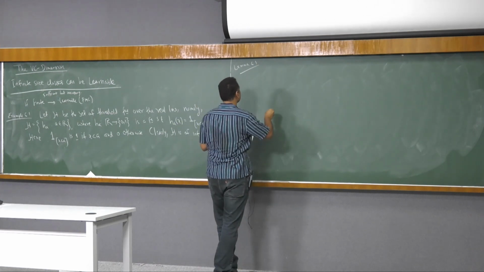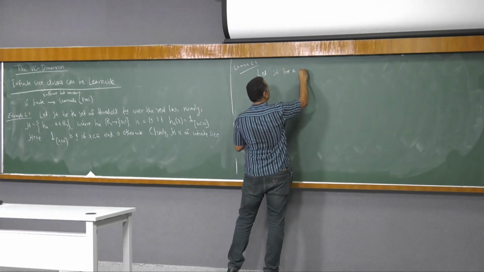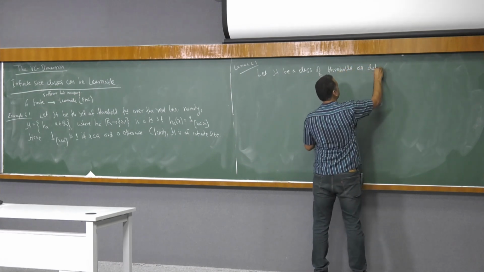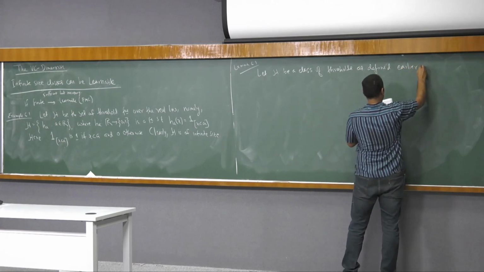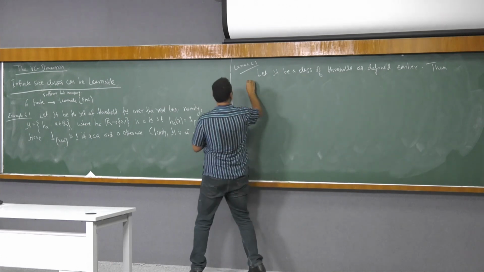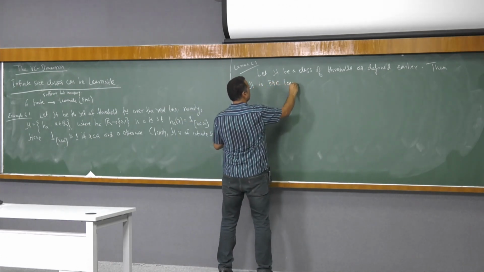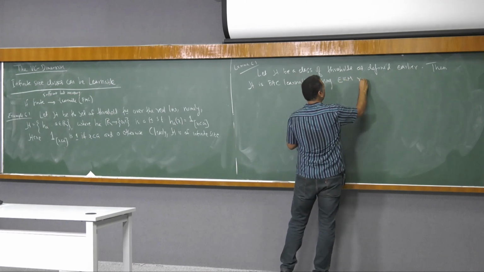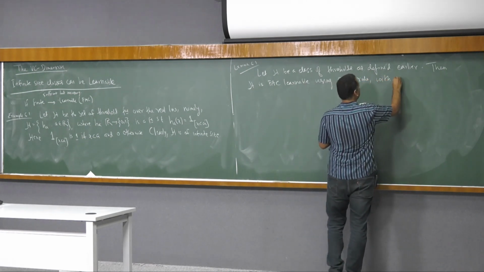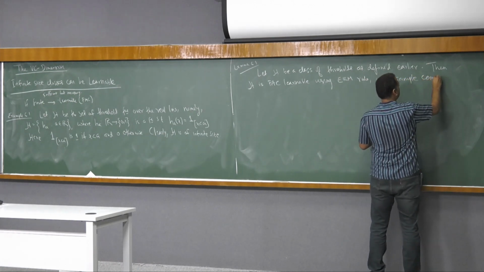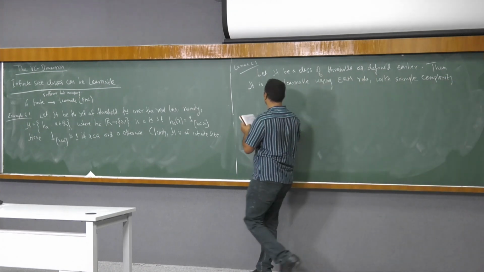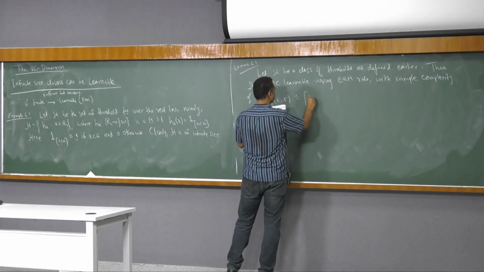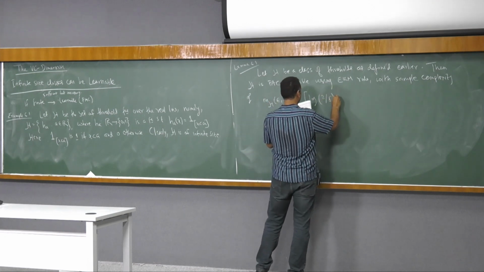Let H be a class of thresholds as defined earlier, then H is PAC learnable using the ERM rule with sample complexity m_H(epsilon, delta) less than or equal to floor of log_2(1/delta)/epsilon.